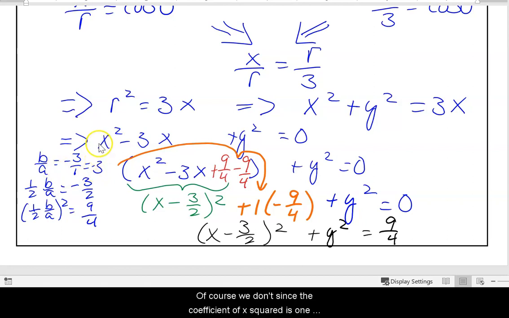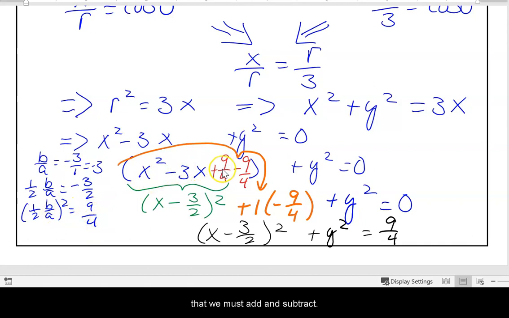Of course we don't, since the coefficient of x squared is 1, and we get that b over a is -3, which is the coefficient of the x term. We isolate these two in parentheses. We compute half of that previous value, which is -3/2. When factored, that is the number that will appear in the binomial that is being squared. Then we square that number to get 9 over 4.